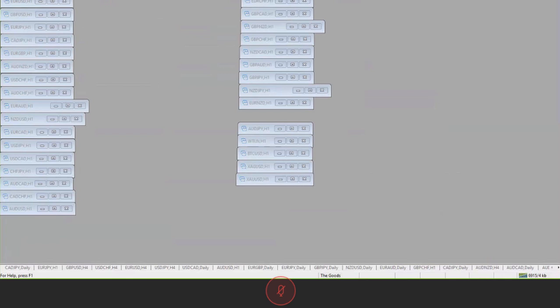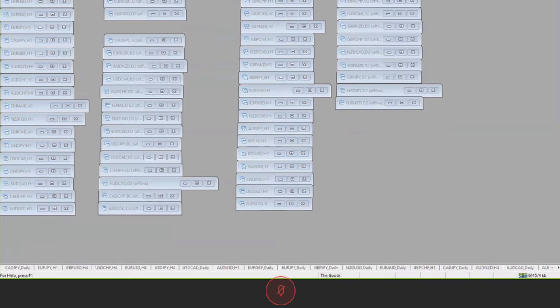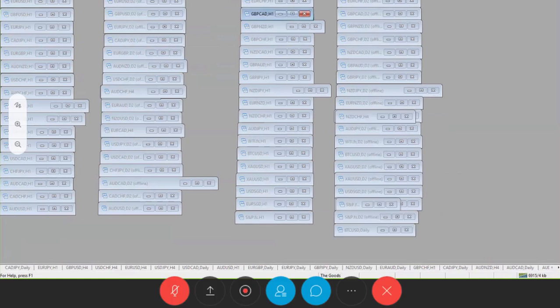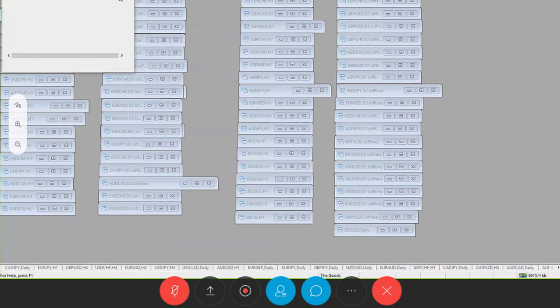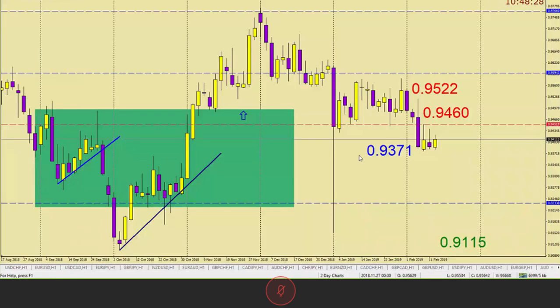All right. So I've got two that I'm watching right now anyway. Okay. So this is the Aussie CAD, and this is my 2-day chart.